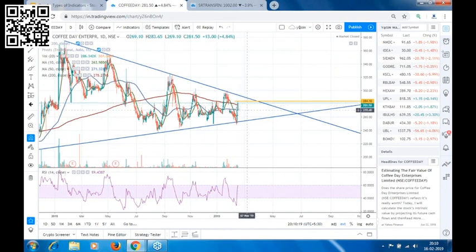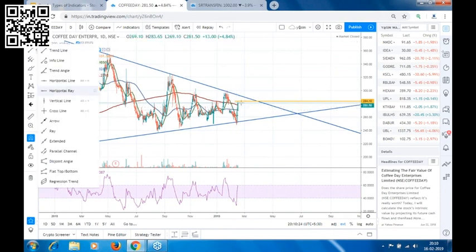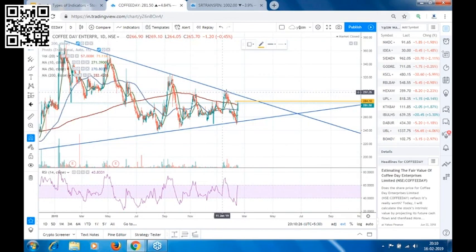Now if I want to mark the levels for my targets, I know that there is a resistance at this level. From here we saw a pullback in prices. So if I take entry around 285, then my first target will be somewhere around the 295 to 300 level, because we also have a trend line resistance at this place.